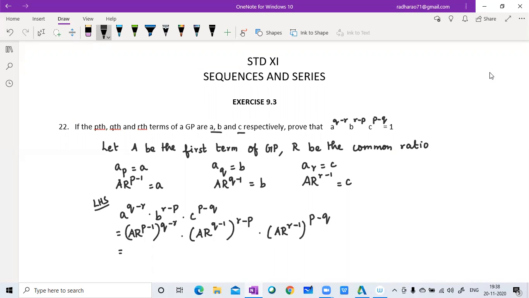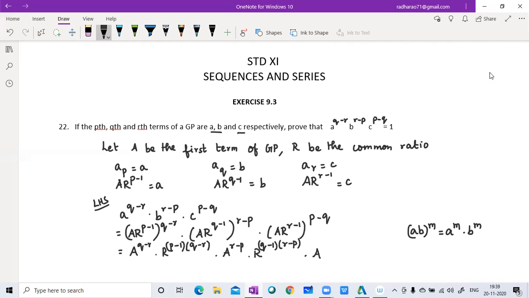Here it is in the form (ab)^m. How do you write (ab)^m? It can be written as a^m × b^m. So here also, (A R^(p-1))^(q-r) can be written as A^(q-r) × R^((p-1)(q-r)). Again, (A R^(q-1))^(r-p) can be written as A^(r-p) × R^((q-1)(r-p)).